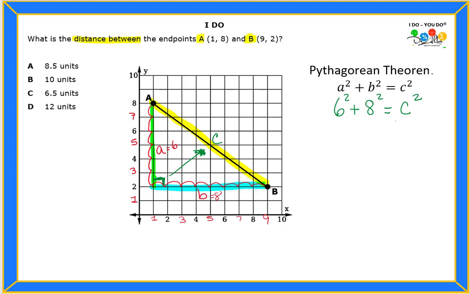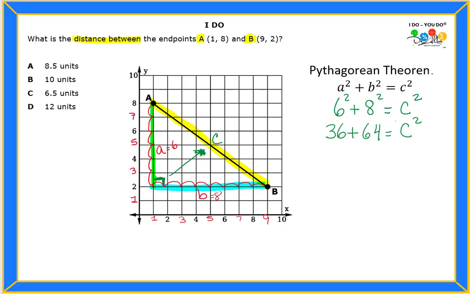Now remember that I'm trying to find the areas of those squares that you could actually make on the sides of the lengths, right? So 6 squared is equal to 36 and 8 squared is equal to 64, and that will be C squared, right? So when the two legs are given to you, you are always going to end up adding the areas of the squares that you imagine on the sides, right?